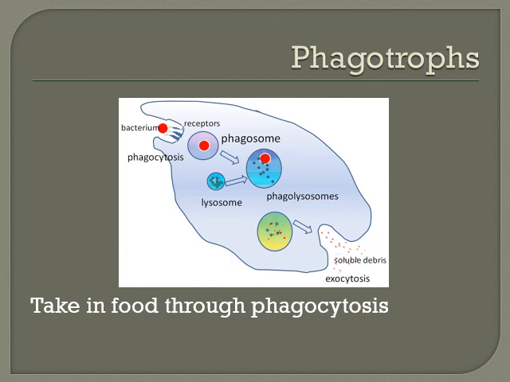That is, food is brought in across the membrane using vesicles. So food particles come in, there's a change in the membrane, that membrane closes a vesicle around the food particles, and a lysosome will then bind to the vesicle to digest it. That's phagotrophy. Any questions on it?